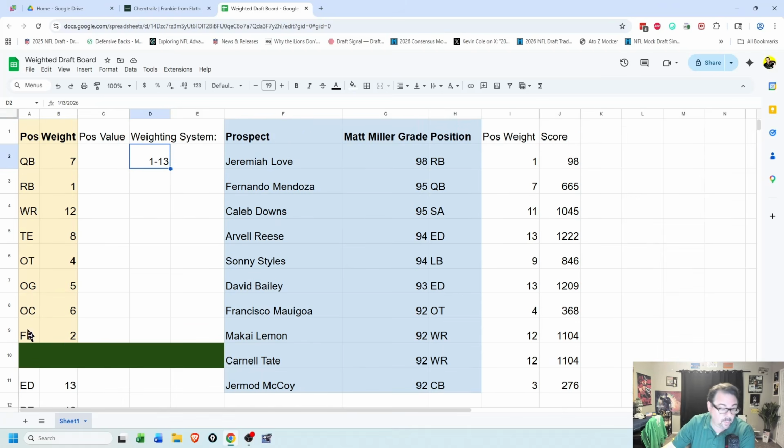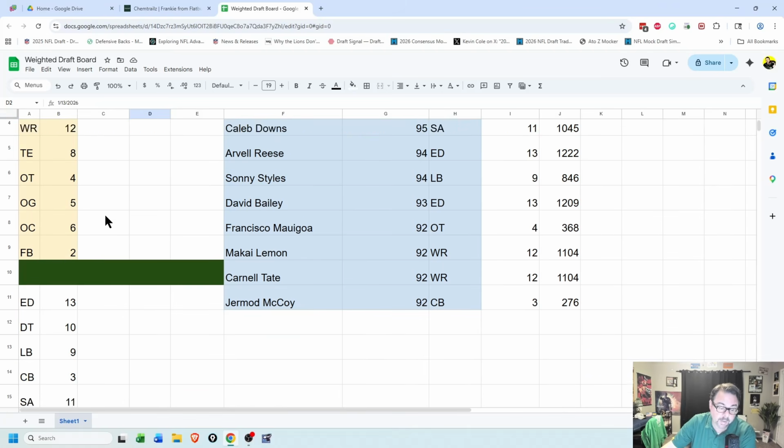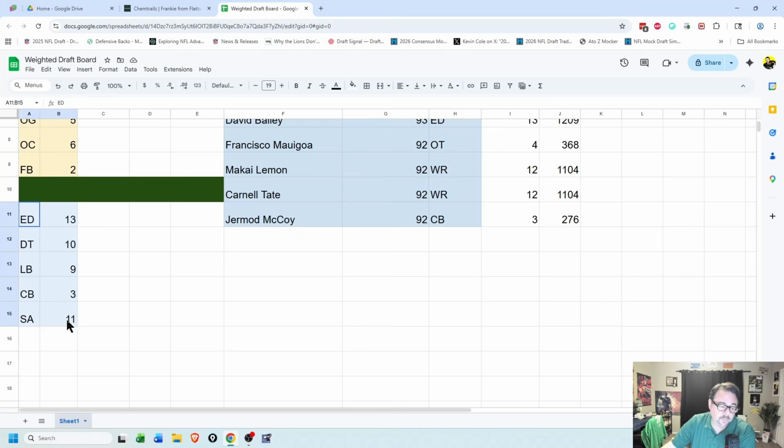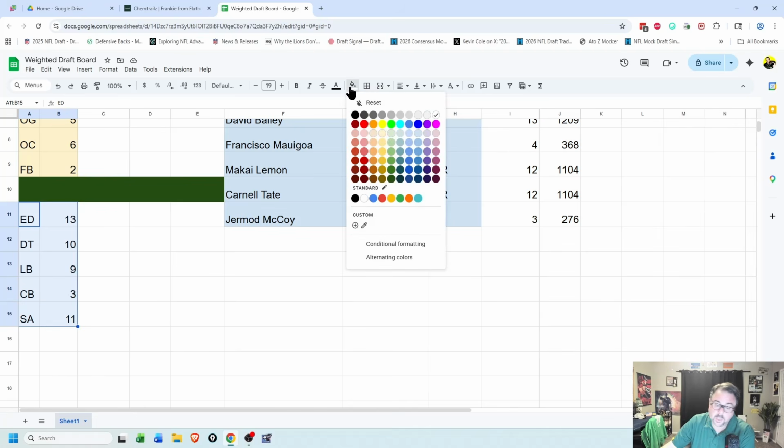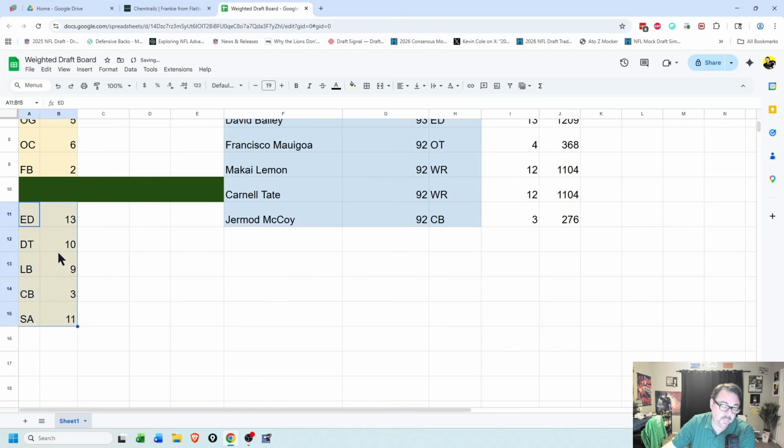You might not have fullback on yours, but again, this is just an example. Then on defense, edge, defensive tackle, which you could separate into nose tackle and defensive tackle, linebacker, cornerback, safety. You could include a nickelback. You could do it any way you want.